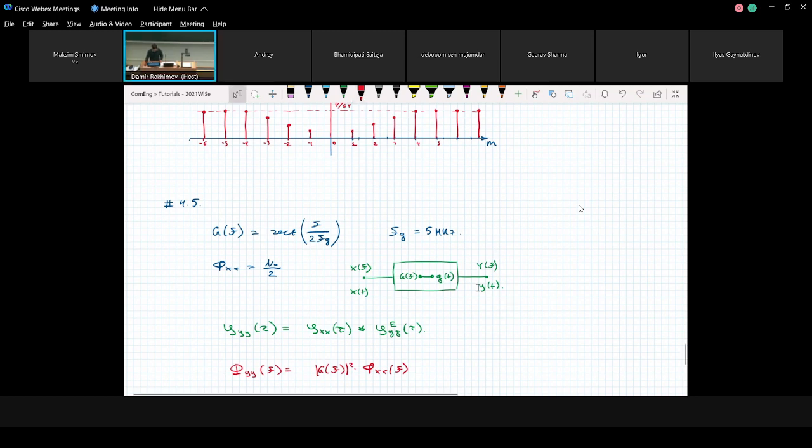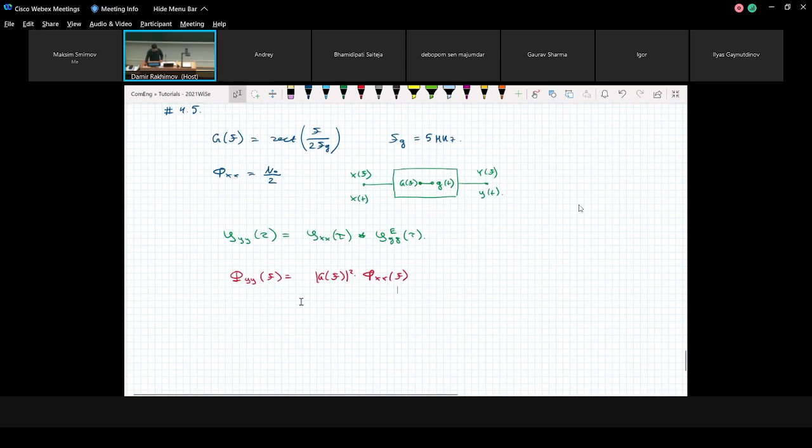We can just take a look and see that we already have the transfer function and we know the power spectral density. Just use the second option, calculate the output power spectral density. And if we calculate the inverse Fourier transform, then we get the autocorrelation function.